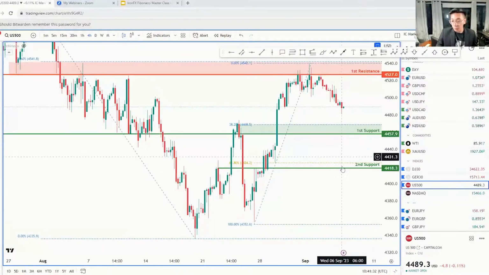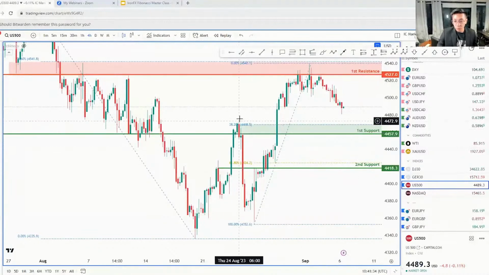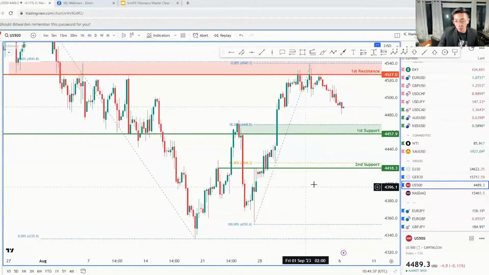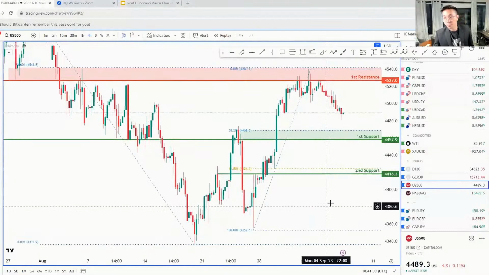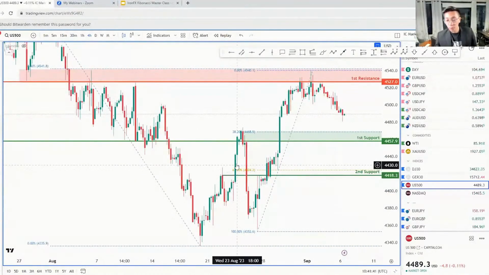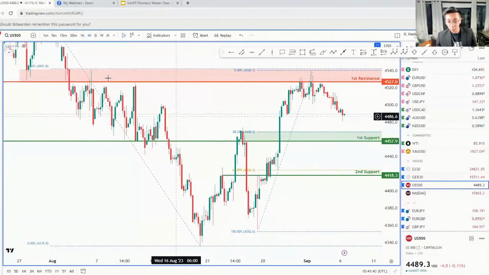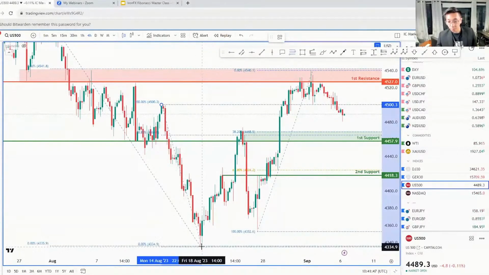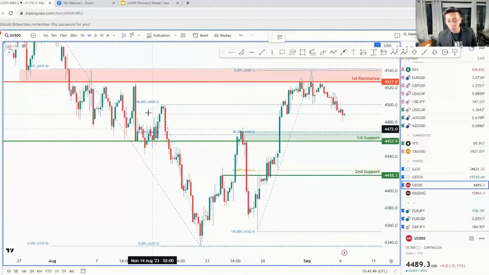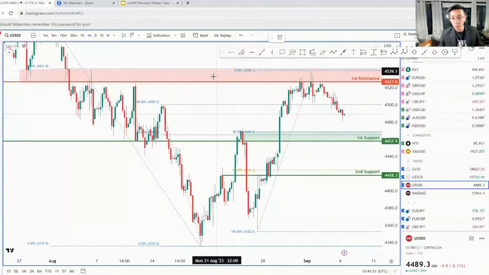And then you're buying the pullback as well. So this is one pullback level. This is another pullback level. Okay, so right, you can see right here that if price came down, retrace at least 50%.